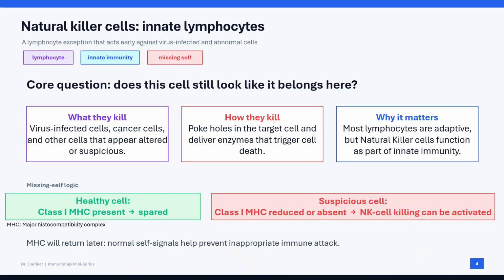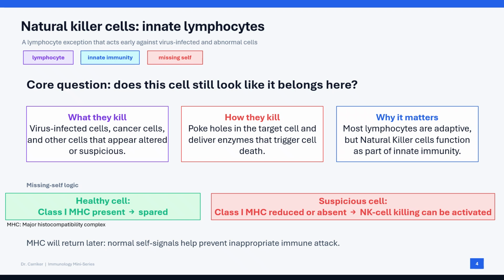So we also have natural killer cells, and these are unusual because they are lymphocytes, and they function as part of the innate immunity. So most students associate lymphocytes with the adaptive system, especially B cells and T cells. So NK or natural killer cells are a helpful exception to remember.